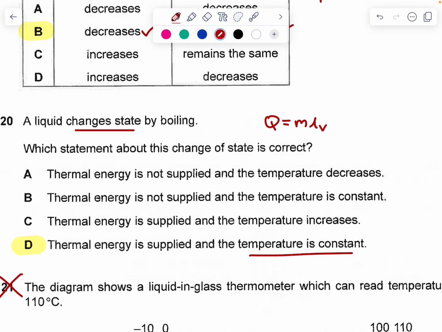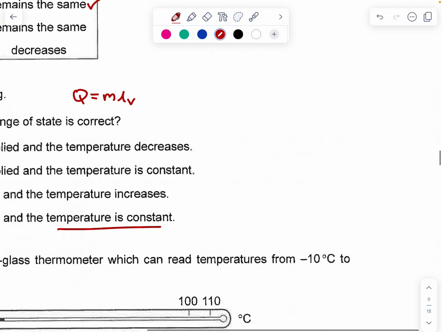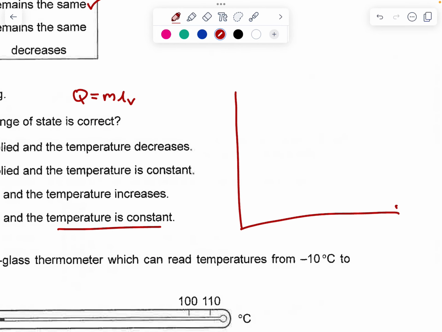So it's like in this graph, if you recall the graph, temperature in degrees Celsius against Q, which is the energy supplied. This is the boiling point. We realize that when changing state, the temperature does not change. So this is at liquid plus gas.